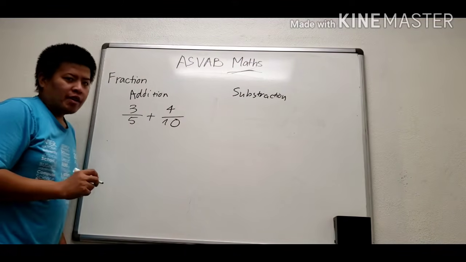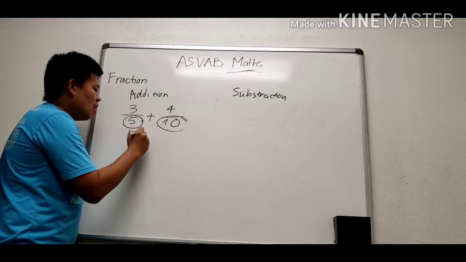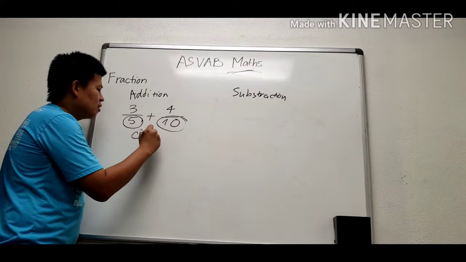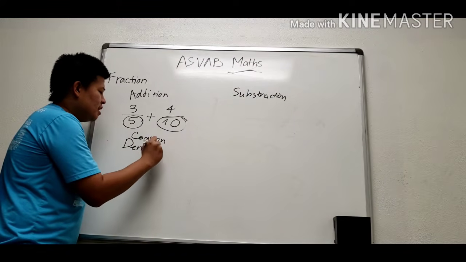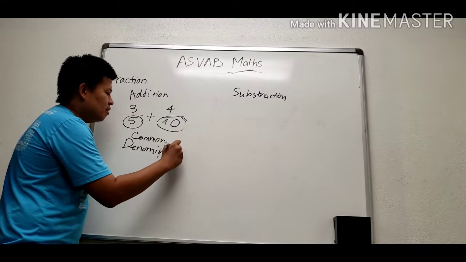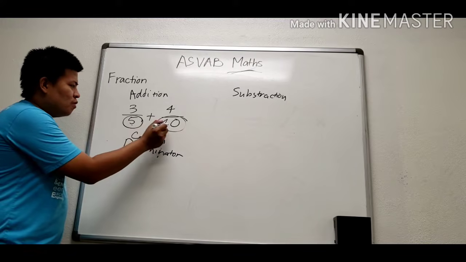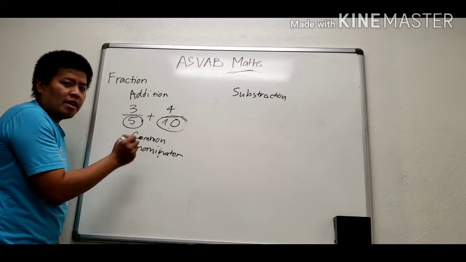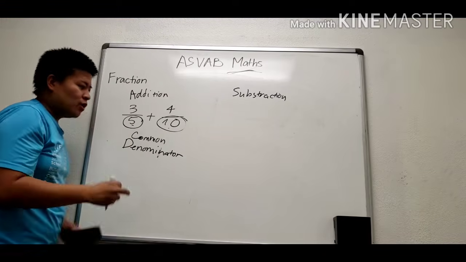To do addition with fractions, we need to find the common denominator. It means that we need to make two denominators the same so that we can sum together.